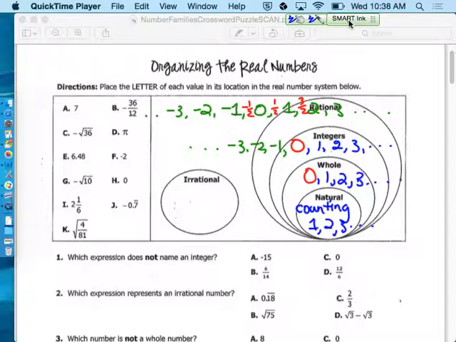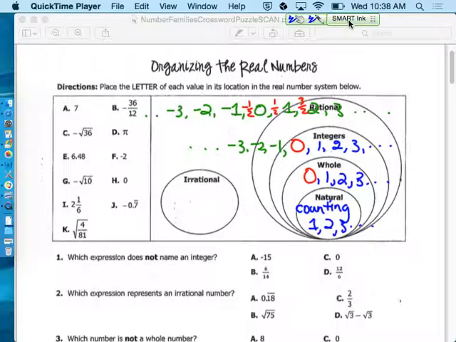So the rational numbers include all of the integers and 0, as well as all of the fractions in between each of those numbers. Your integers are your positive counting numbers that you learn in kindergarten. You pick up 0, and then you do the opposite of all of the counting numbers, -1, -2, -3, on in the direction of negative infinity.